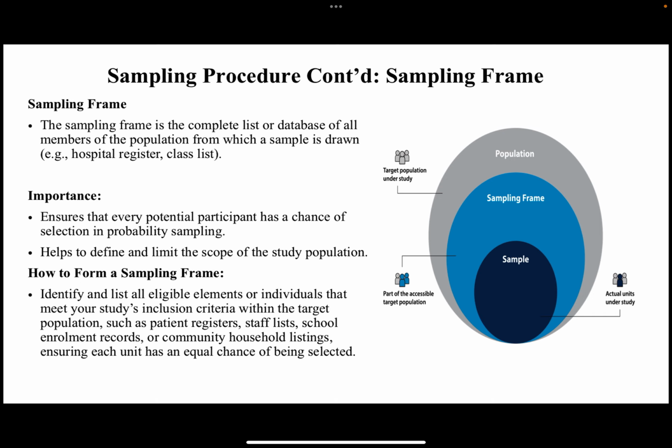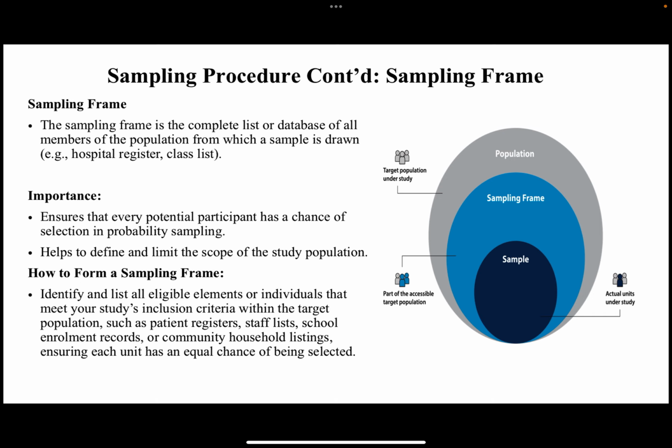Great. So basically that is what we call a sampling frame. A sampling frame is a complete list or a database of all the members of the population from which a sample is drawn. An example can be a hospital patient register.